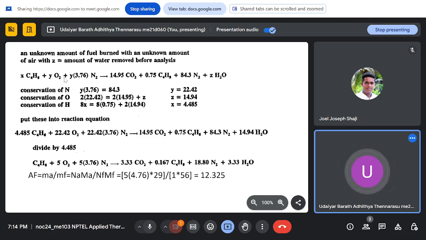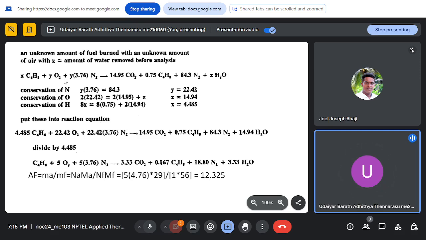Air contains 1 mole of oxygen, because it is 21% oxygen and the rest nitrogen, assuming a nitrogen oxygen mixture. You assume that air is made of only nitrogen and oxygen and you neglect the other components. So 1 mole of oxygen contains 3.76 moles of nitrogen.